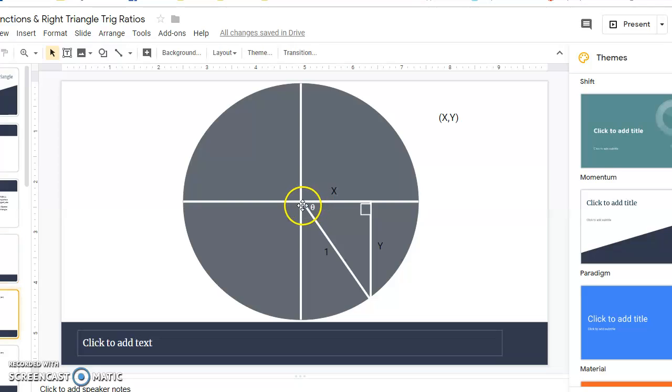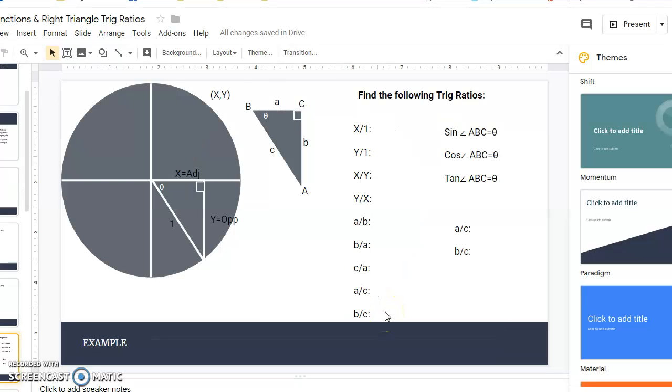And remember, the x comma y value is your cosine and your sine, and this right here is your hypotenuse and also the radius of the circle, and it will always be 1. So your x value in this case in relation to theta is adjacent to theta, and your y value is opposite to theta, and again this is just the hypotenuse and your radius.